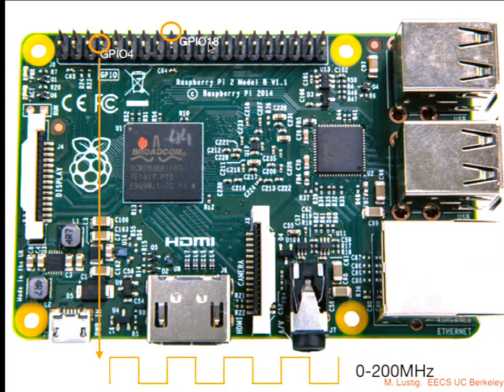You use that to generate clocks, to control, for example, another board. You can use it to generate other frequencies and so on. And a programmable PLL just allows you to set the frequency that you want through software. Now these ports actually produce a square wave that I think goes from DC. I'm not sure if it really goes all the way to DC. It's pretty close to DC, all the way to 200 megahertz. So it's quite a substantial range of frequencies that you can generate using this PLL.